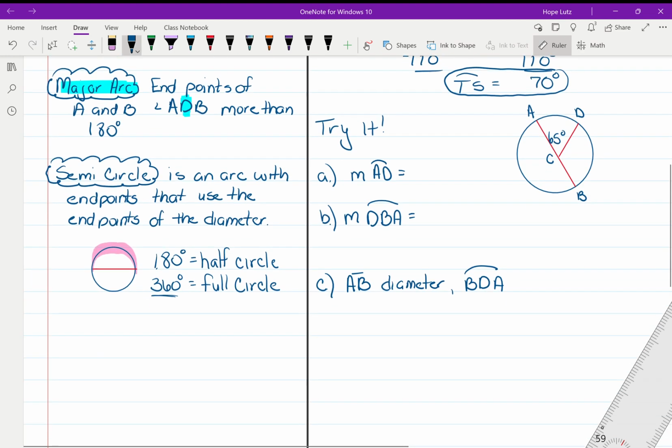And then I want you to see if you can figure out what the arc of DB is. Let's put measure of arc DB.